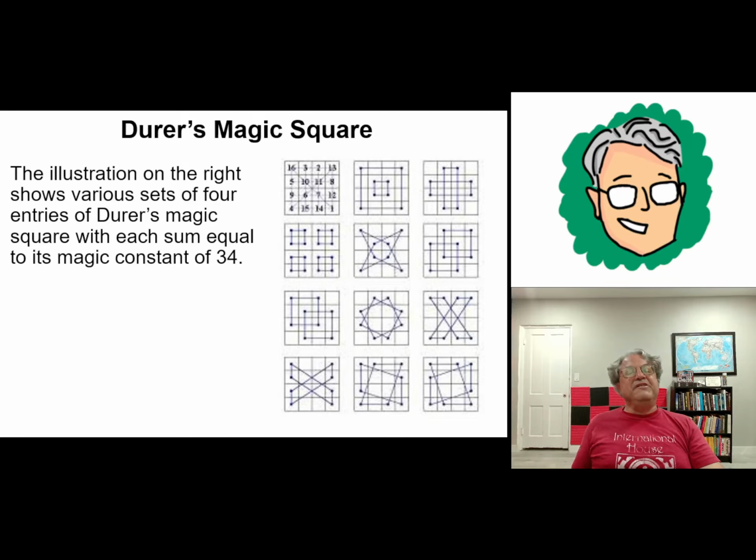You can see all the patterns. Every one of these patterns shown adds up to 34. And I don't even know how many there are. I think there's 40 in addition to the standard. So pretty amazing magic square. And anyway, that's the Durer magic square, the 4x4.